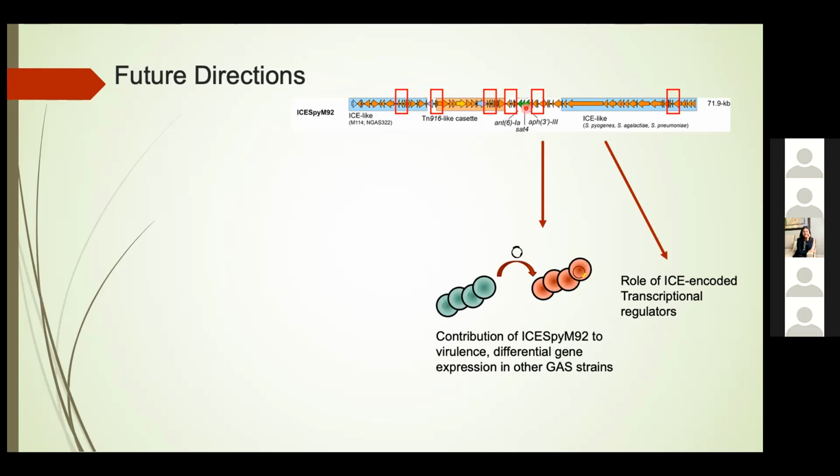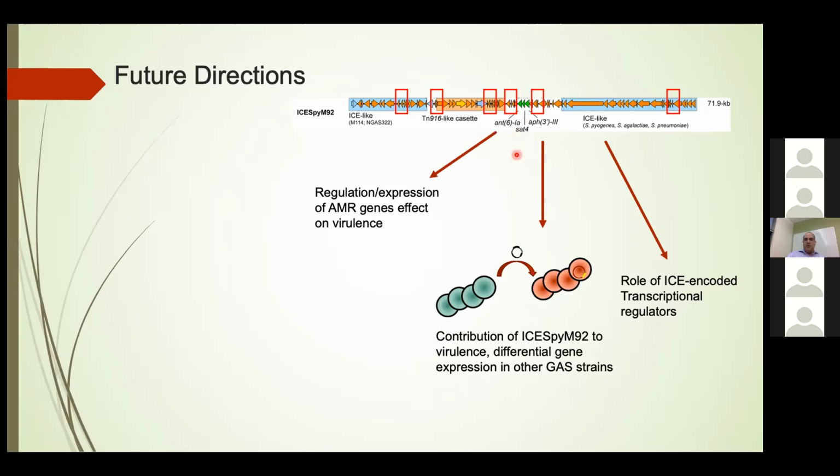We also want to know what contribution ICE-Spy M92 can make to virulence in a different genomic background. So if we were to put it in other serotypes that have different patterns of disease potential, whether they are skin specialists or nasopharyngeal specialists, will the presence of ICE also alter their pathogenicity?